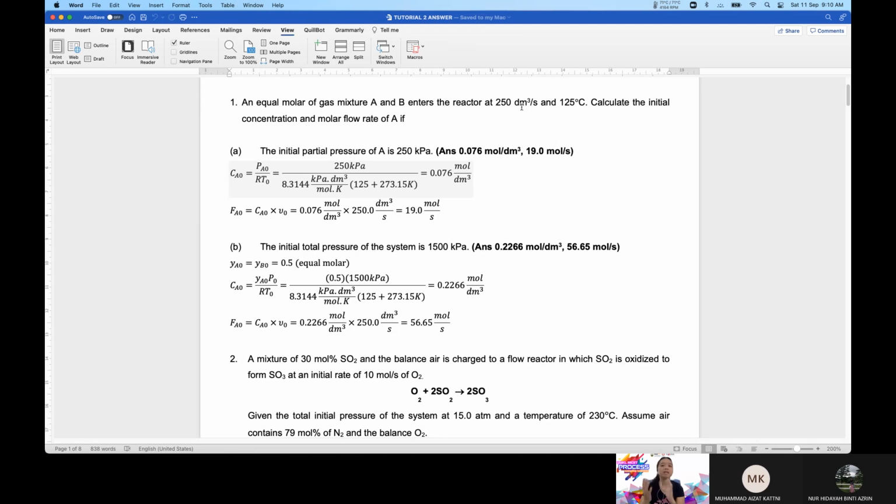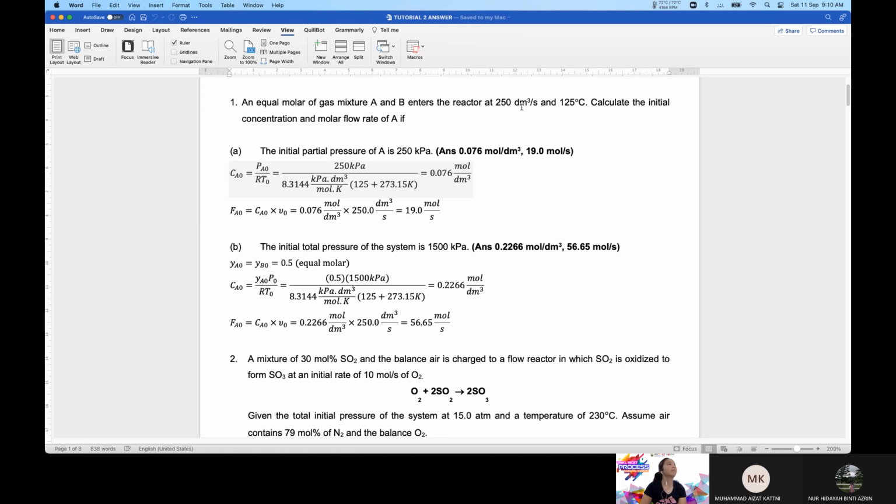Or we can put it in terms of mole fraction, initial mole fraction as YA0, because Y indicates mole fraction, A indicates species A, and 0 indicates initial. So YA0 equals YB0 equals 0.5. So that's the information we want to digest. An equal molar mixture means YA0 equals YB0 equals 0.5.